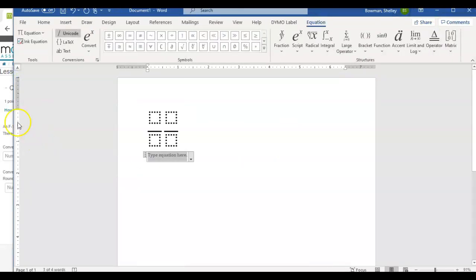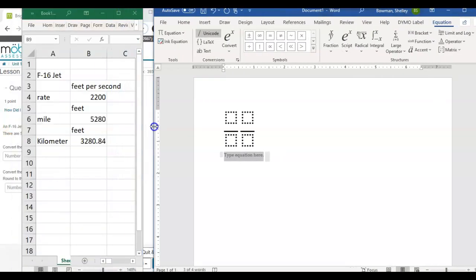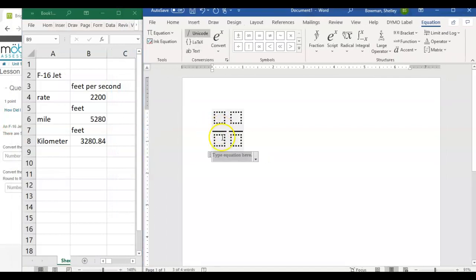You can insert an equation. Mine's already there, and within that I can edit my equation. You'll probably just be doing this by hand, but I highly recommend writing everything out so that you don't miss any of it.